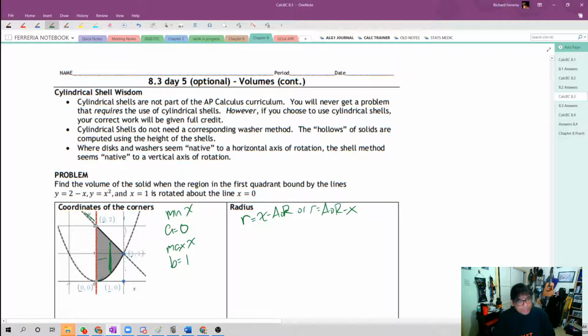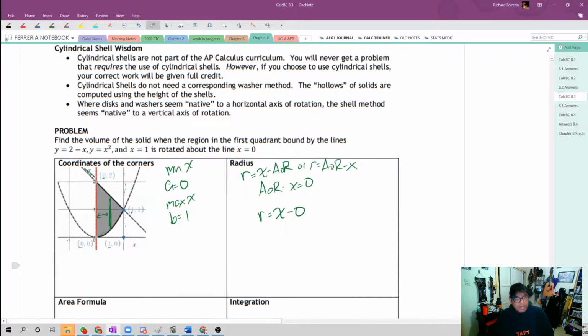This radius is going to be the x-coordinate minus the axis of rotation of 0. So the radius is going to be equal to x minus 0. Generally, you could think of this as is the axis of rotation on the left side or the right side of the region. And in this case, it's on the left side of the region. So x minus 0.